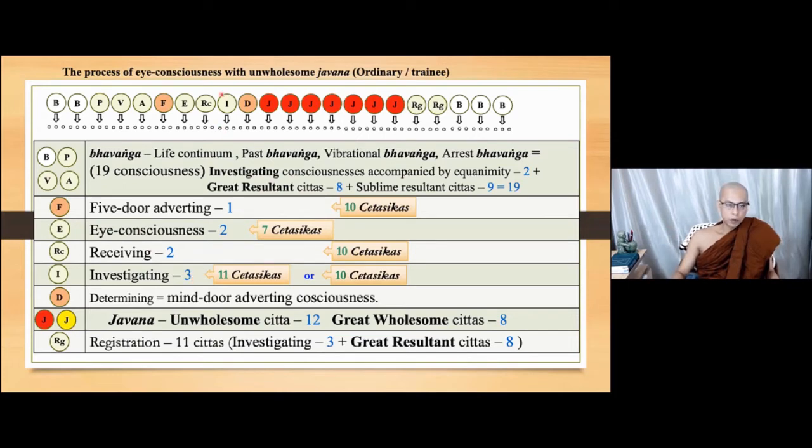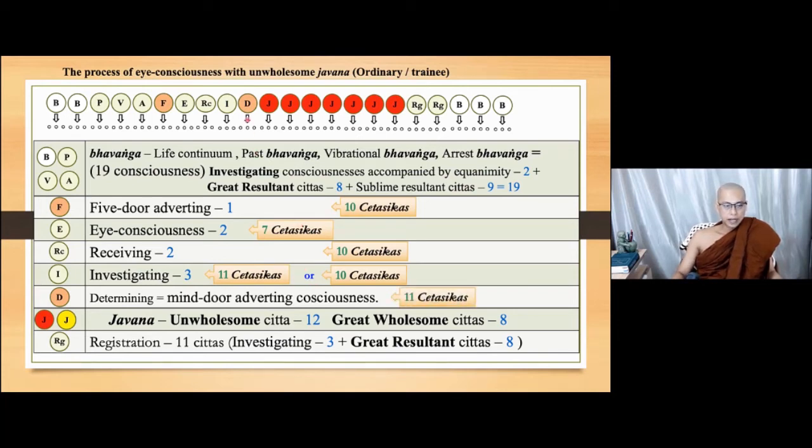If the moment is somanasa santirana, 11 Chittasika arise, including piti. If the investigating consciousness accompanied by equanimity arises, only 10, except piti. So it can be a different number.